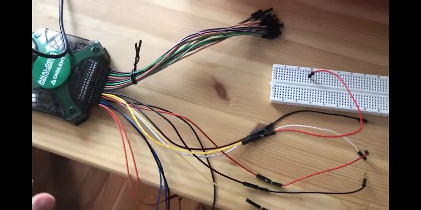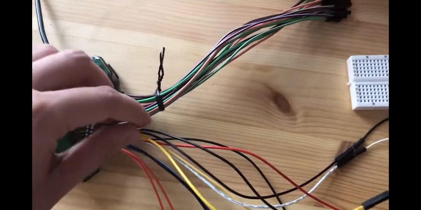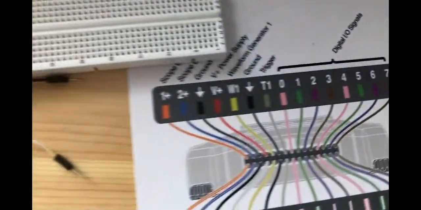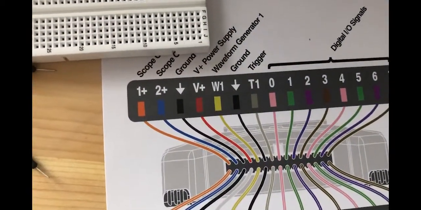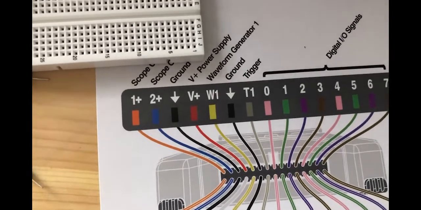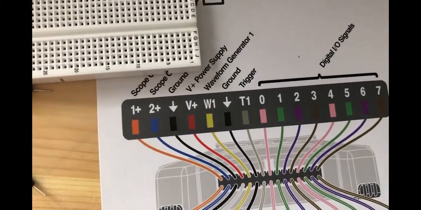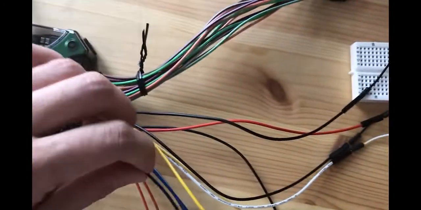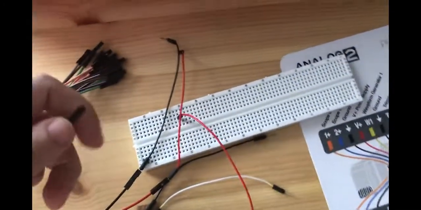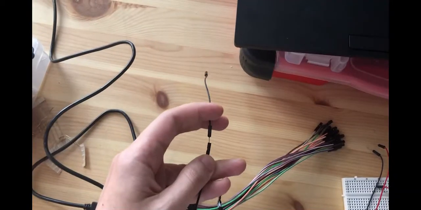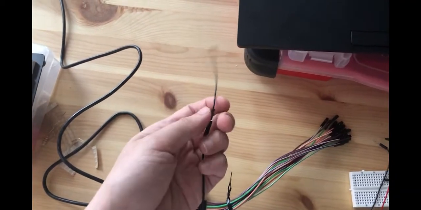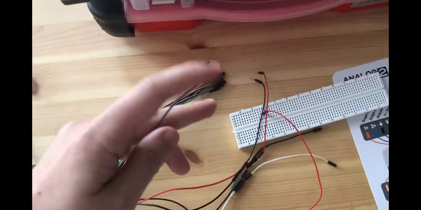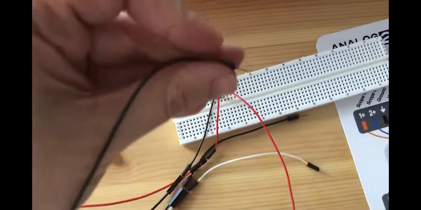I will choose one of the black wires here. As you can see, either the second on the top or the sixth one on the top is ground. I will choose the second one, and you just need to push the wire inside this one, and this will fix, and then you can use the other one as the main wire.